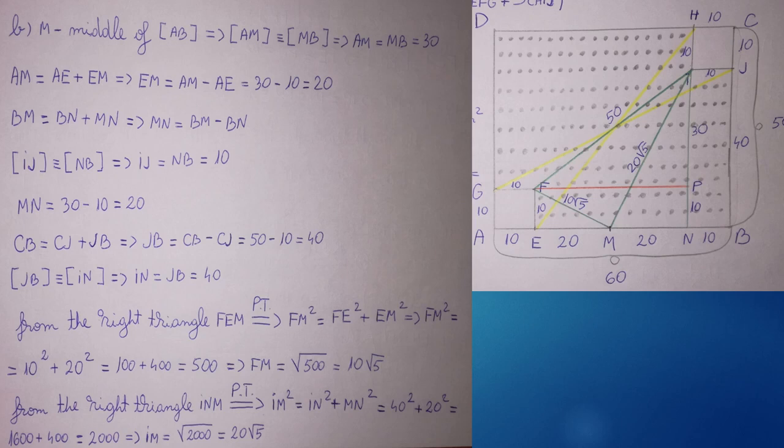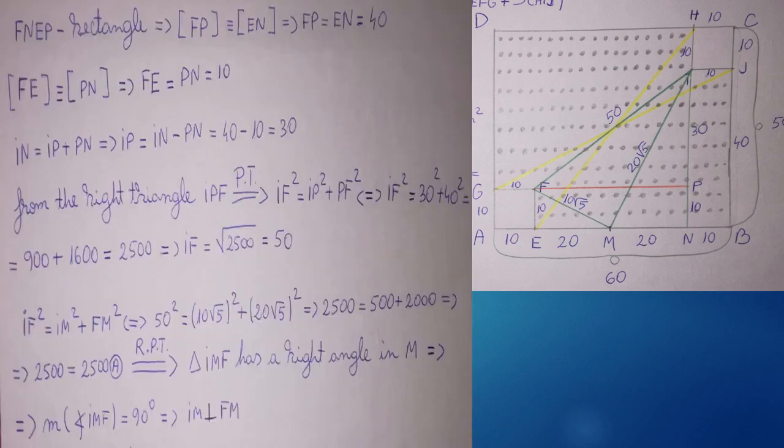So IM is equal to the square root of 2000, which is equal to 20 times square root of 5. We have that FNEP is a rectangle, so the segment FP is congruent to the segment EN. So FP is equal to EN, which is equal to 40.